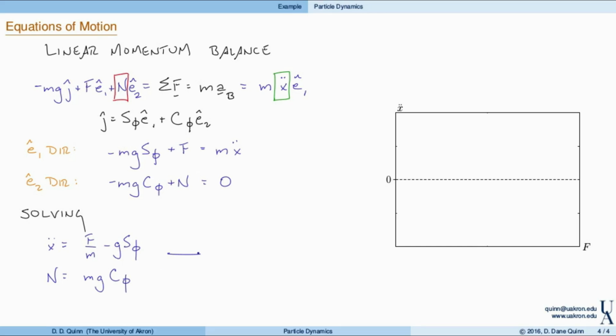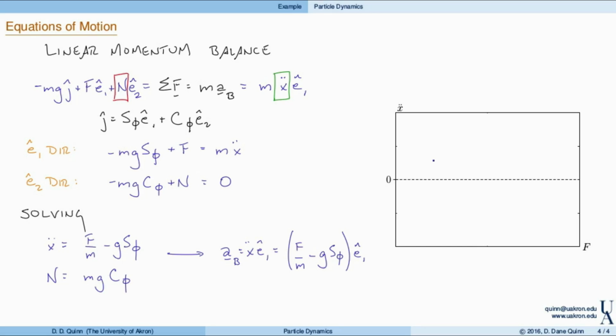So finally, the acceleration of the block is x double dot in the E1 direction, or F over m minus g sine phi in the E1 direction.